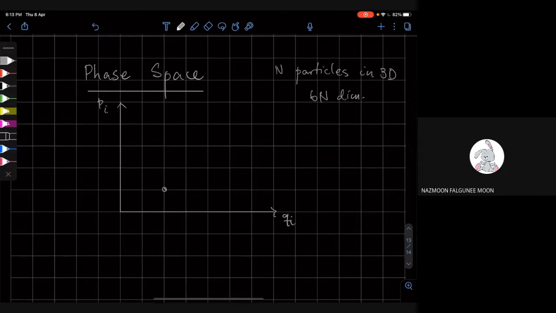If I give you a point in phase space, then that defines the boundary conditions, the complete configuration of the system at any given point, right? So the evolution of the system is given by a trajectory in phase space, the complete evolution of the system, as a function of time. Do you agree?